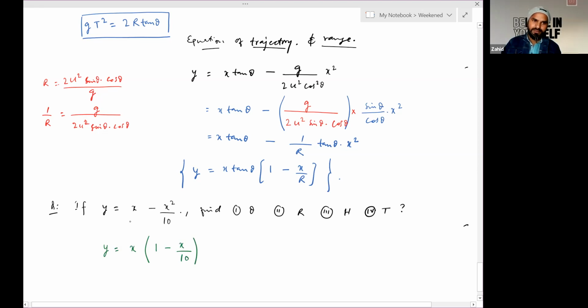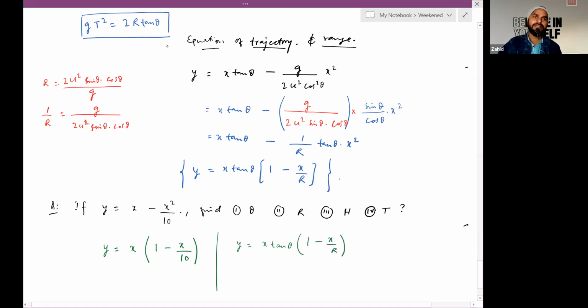Now, if you relate this expression with the above expression, we had y is equal to x times tan theta bracket 1 minus x over R.